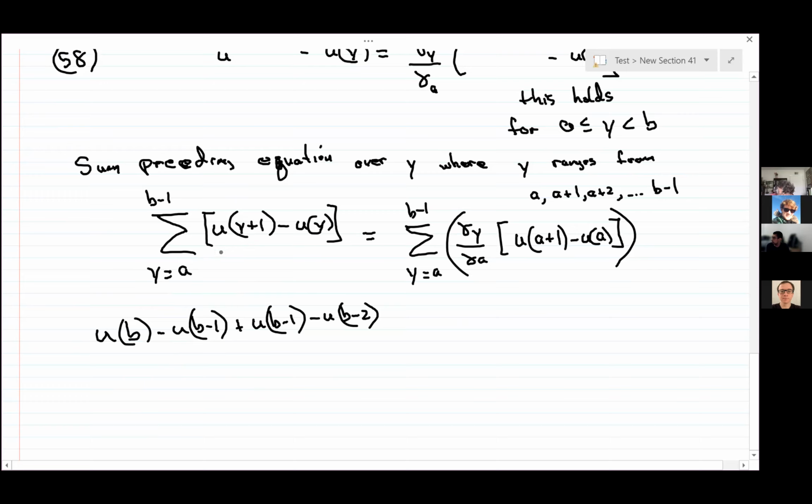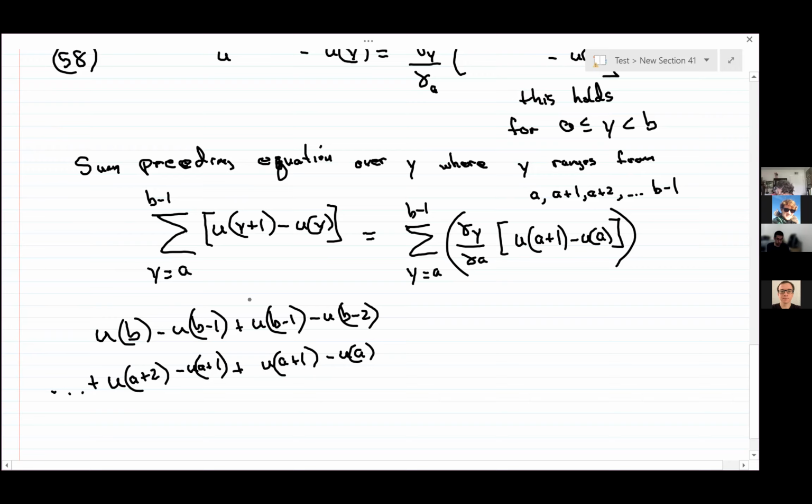Until you get down to the end. So the very last term here would look like u of a plus 1 minus u of a. And the one preceding that, which occurs when y is a plus 1, would be u of a plus 2 minus u of a plus 1. And then there's a whole bunch of terms in between.